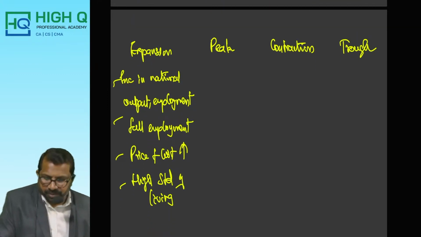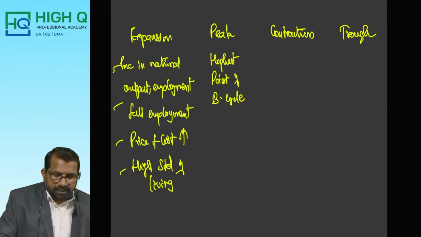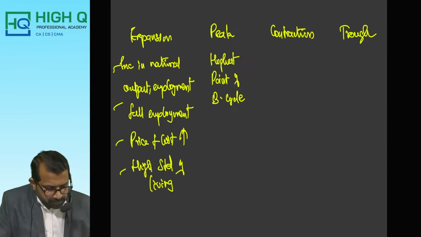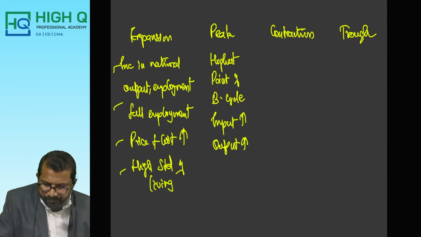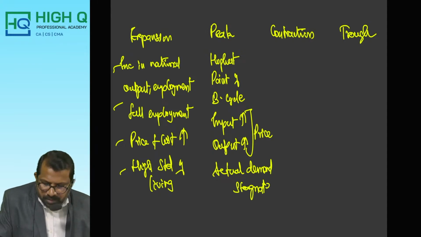Now the next stage is the peak stage. It is the highest point of the business cycle. Input increases, output increases, input and output prices increase, and actual demand stagnates.